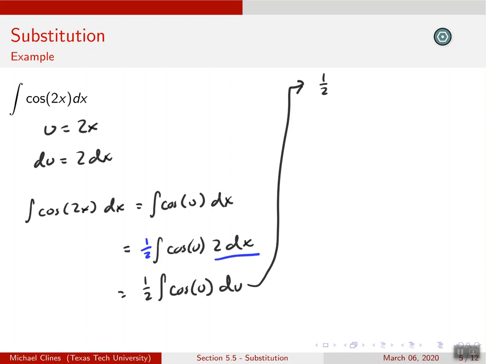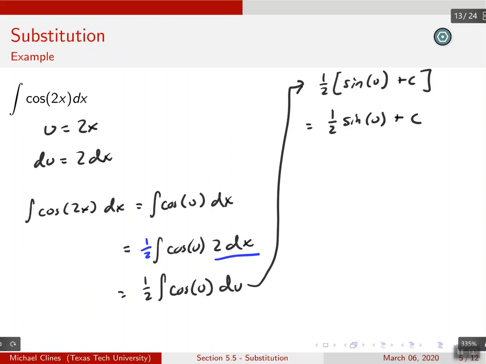Now we get this 1/2 integral of cosine u du is just 1/2 times sine of u plus c, which is just equal to 1/2 sine of u plus c again. Now, why did I not put 1/2 c? Because half a constant is still a constant, and we didn't know what it was to begin with, so I'm just going to keep calling it c. It's kind of lazy, but it gets the job done, so we're good with it.